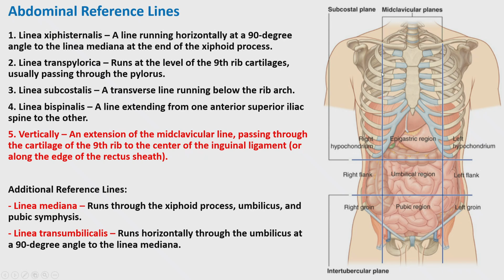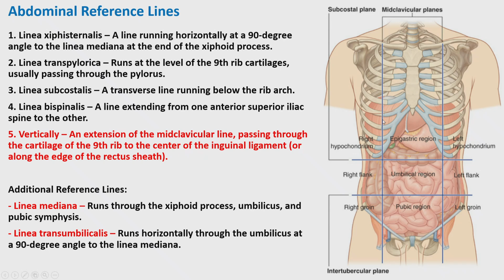It comes down passing approximately through the nipple of the man, crosses the costal cartilage of rib number 9, and continues to the midpoint of the inguinal ligament.